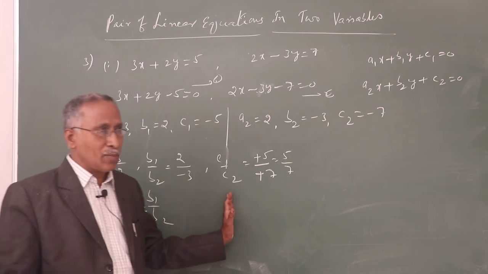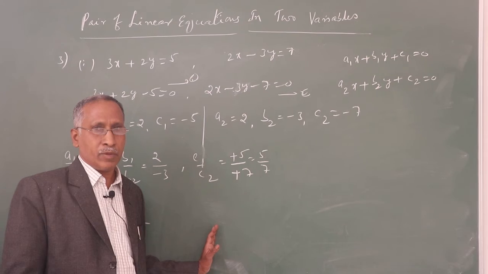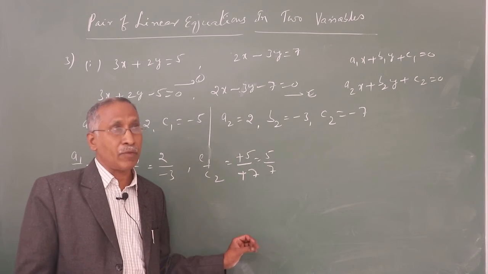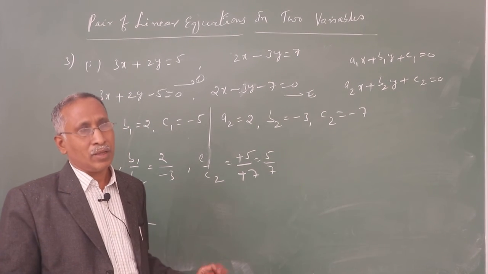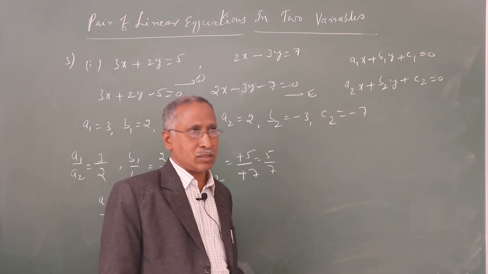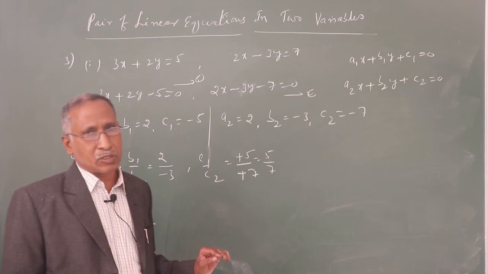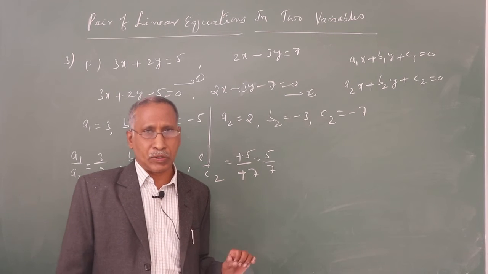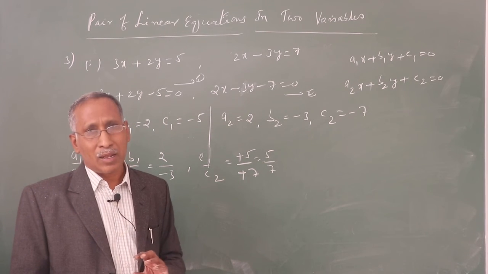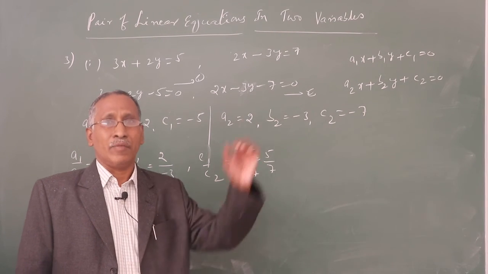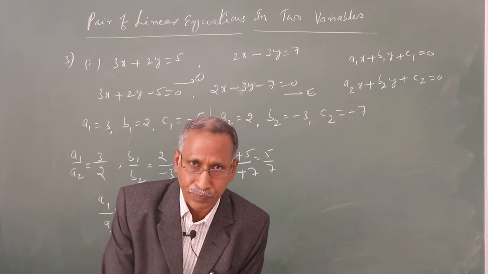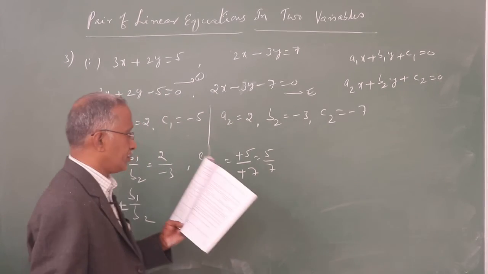Suppose if a1 by a2 equals b1 by b2 equals c1 by c2, they are coincident lines. They have infinite solutions. If a1 by a2 is equal to b1 by b2 is not equal to c1 by c2, they are parallel, they are inconsistent, there is no solution. This is the way you have to work out all the sums now. Next.